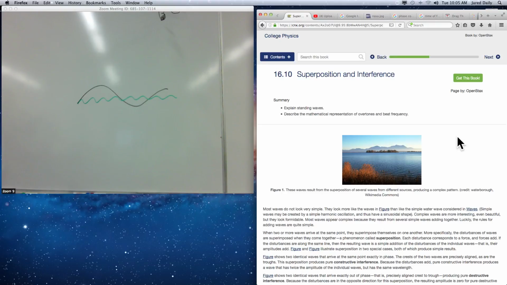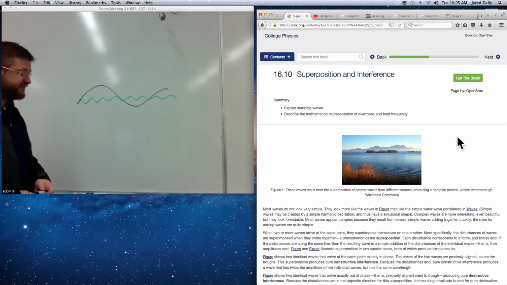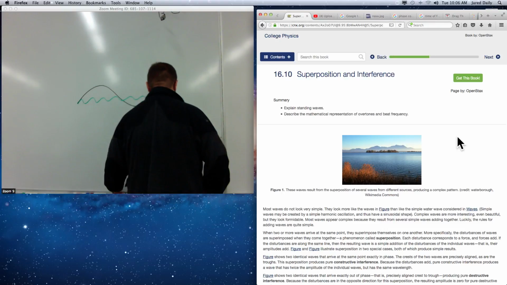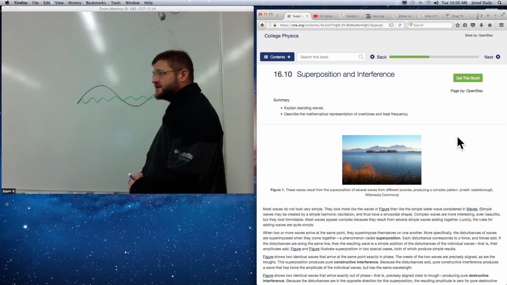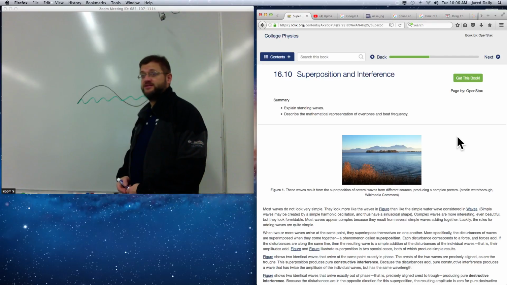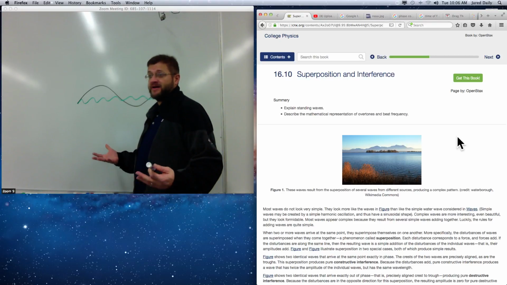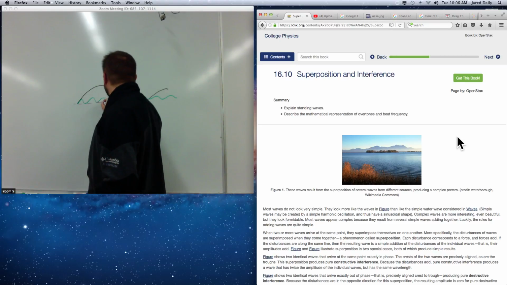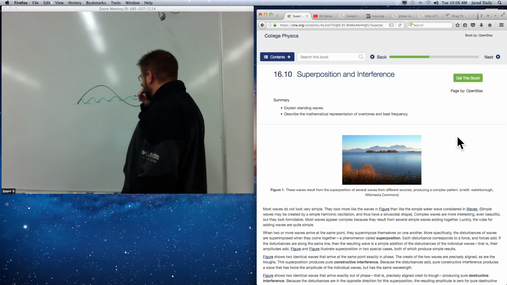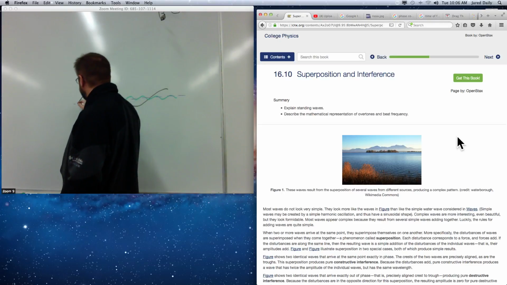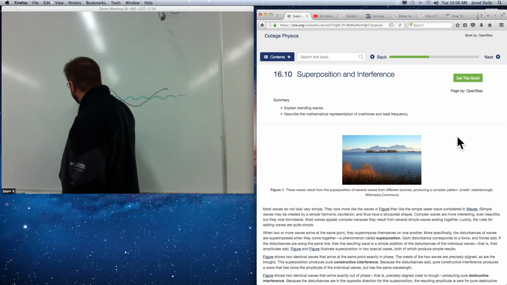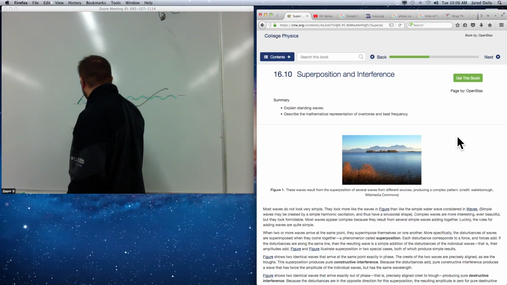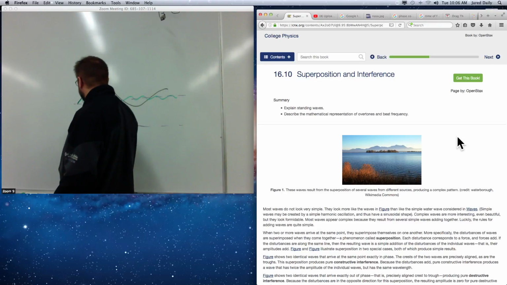So superposition and interference. The interference wave, or the wave that is the result of these two waves added together, will literally just be the addition of these two waves. Superposition and interference is about addition. So I take this wave, if I say that this is my 0 point coming through here, and this is positive, this is negative, then I get 0 plus 0 starting right here, which on my new wave is just going to be 0.